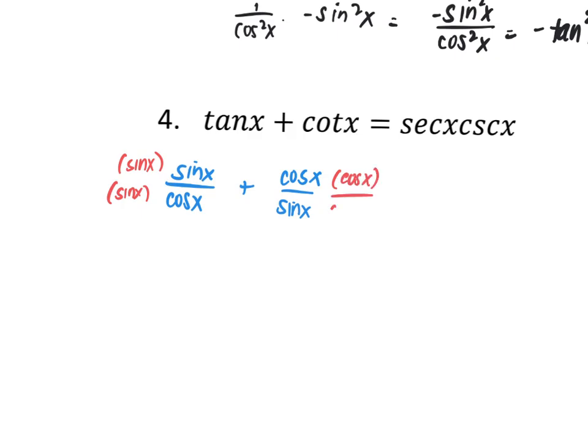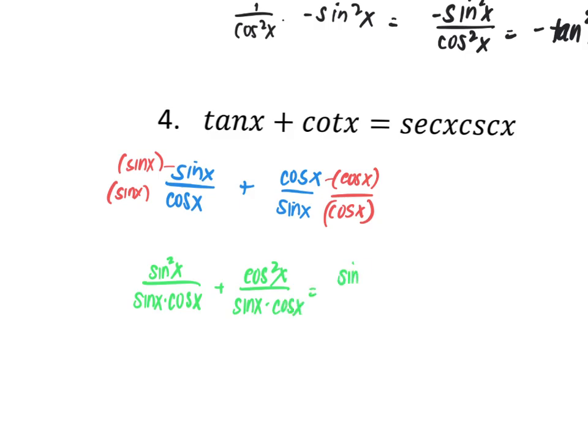But while I'm creating this common denominator, I'm also seeing that I'm going to have a sine squared plus a cosine squared, which is always a good thing. So the numerator over here is sine squared, and our denominator is going to be the same for both, plus cosine squared over the same denominator, which means I can add these together.